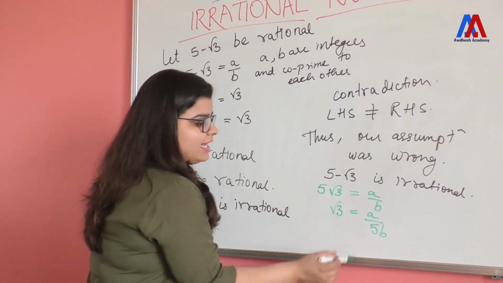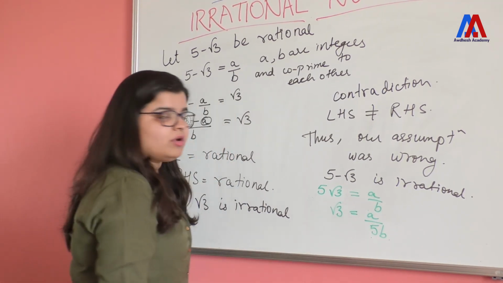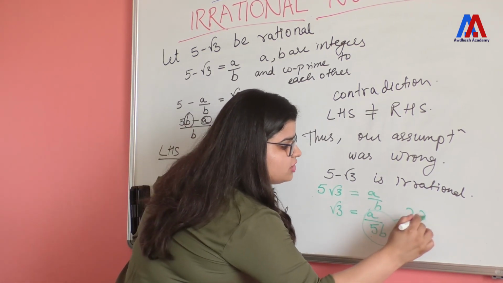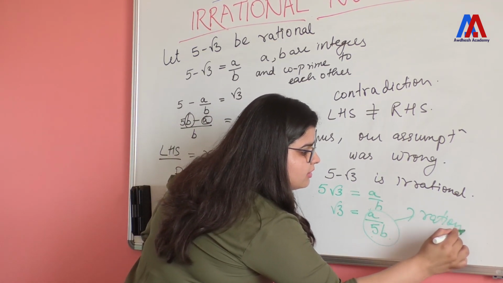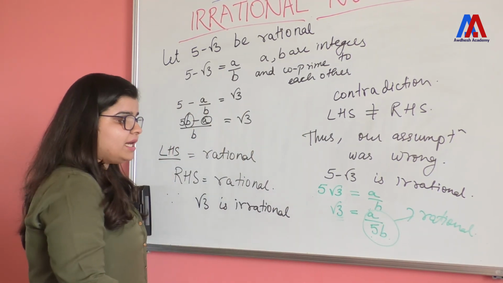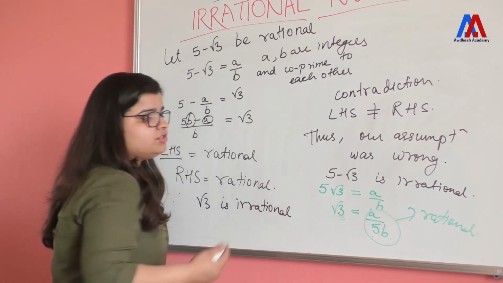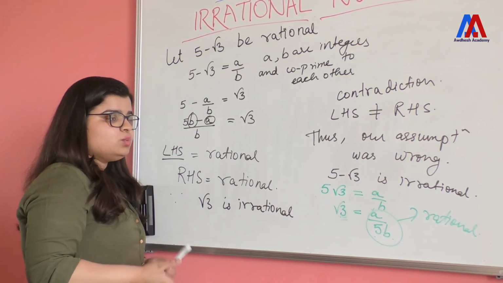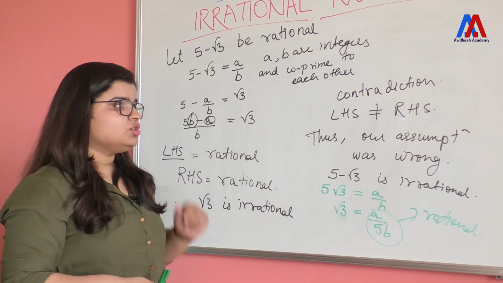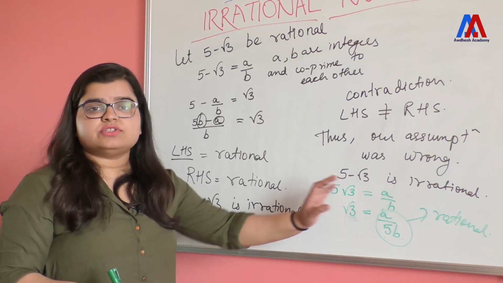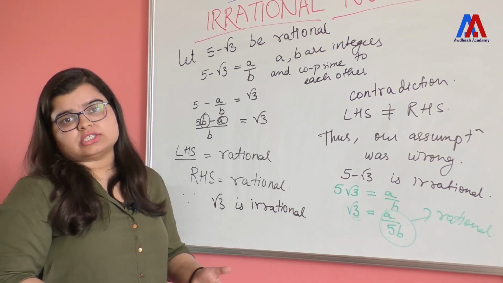Now you will say that a, b and 5 are all integers, so the right hand side is rational. So root 3 must be rational. But since we know that root 3 is not rational, or is an irrational number, thus we'll say that our assumption was wrong, there is a contradiction, and thus whatever expression is given to you is irrational.